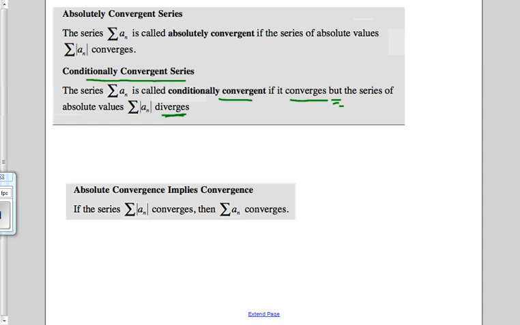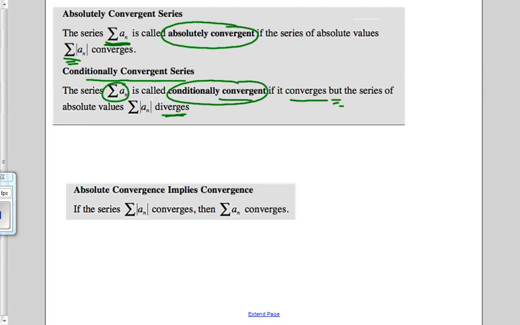So if an alternating series converges by itself and also converges when you take the absolute value, that's absolute convergence. If an alternating series only converges when you don't take the absolute value, then that's called conditionally convergent.